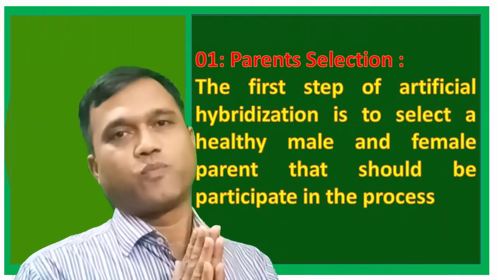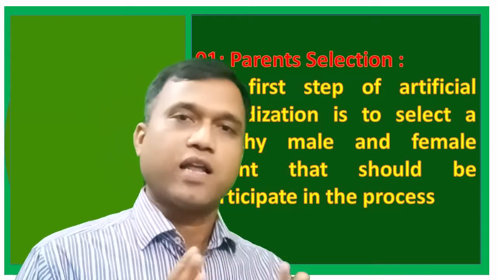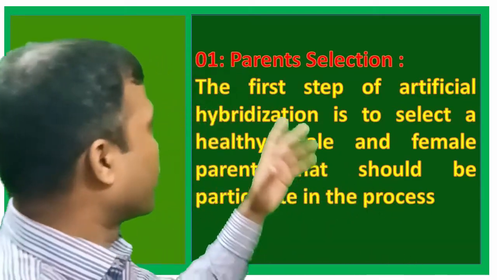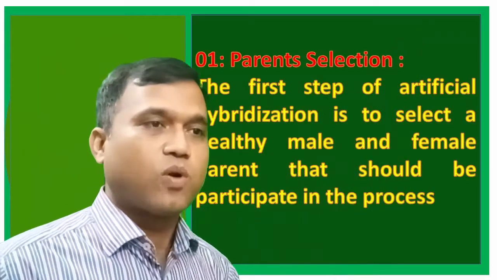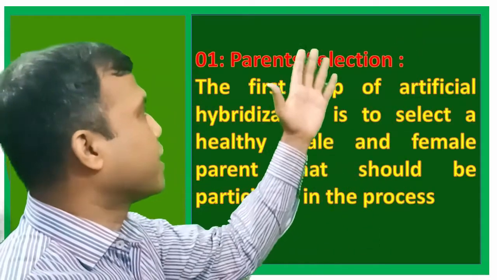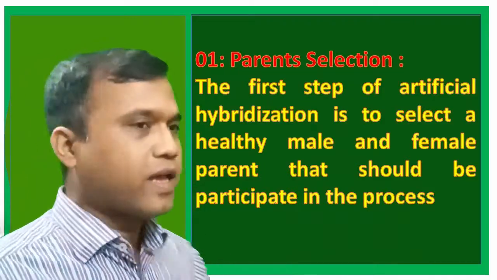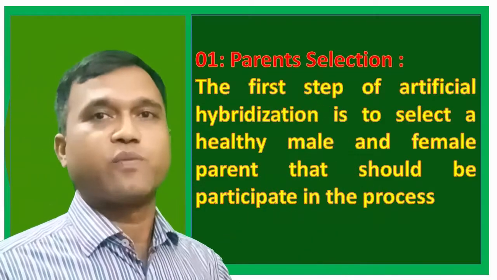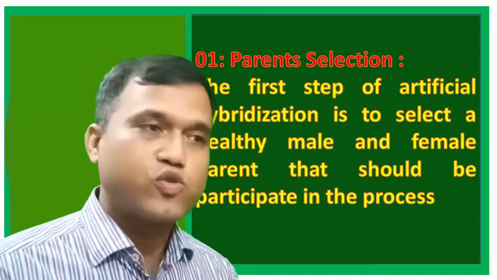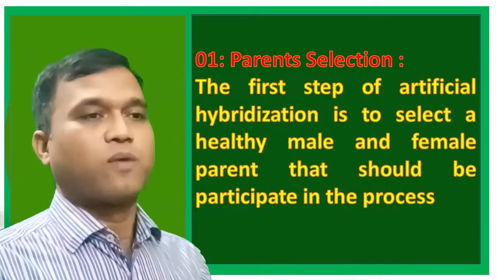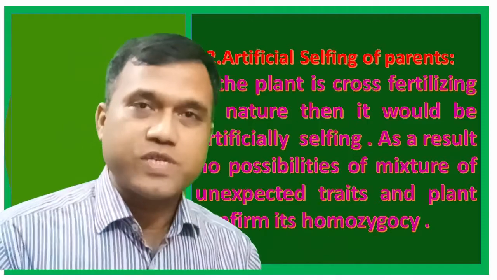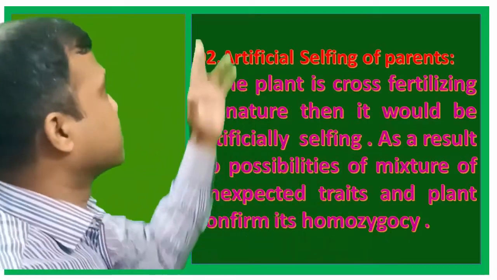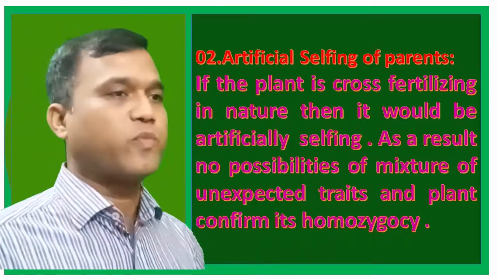The first step of this artificial hybridization process is parent selection. We have to select healthy male and female parents that should participate in the process. Second point, artificial selfing of parents.